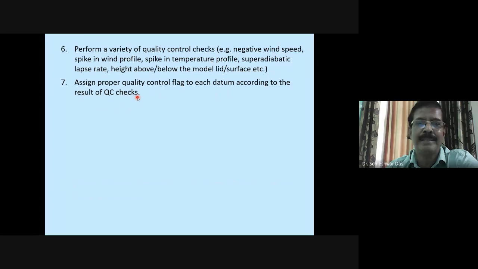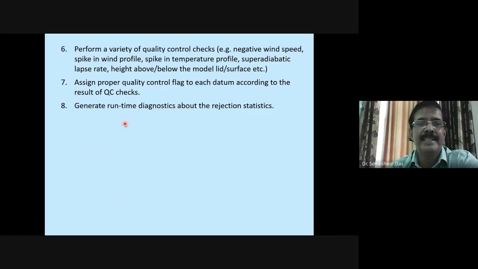If there's something minor problem, then it will be removed. The minor problem will be removed and used in the simulation. If some data is really a bad quality data, it will be put into a red flag and just dumped into a separate zone so that it can be investigated later what is wrong with the data. So different kinds of quality flag is assigned to the observations.